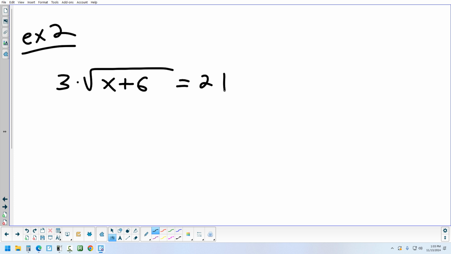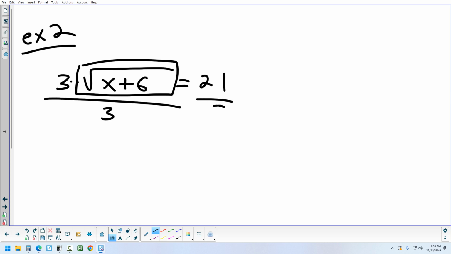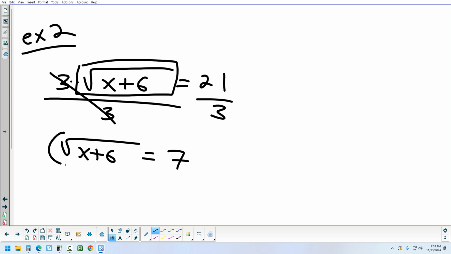No. You need this box to be alone on one side. Why isn't that box by itself? Because there's a times 3. Would you divide it by 3? Divide both sides. So we're going to divide both sides by 3. That divided by 3 is going to cancel the times 3. And now we have that. And now you square both sides. Now we can square both sides because we moved the number to the other side.